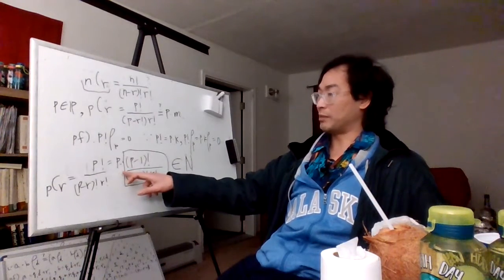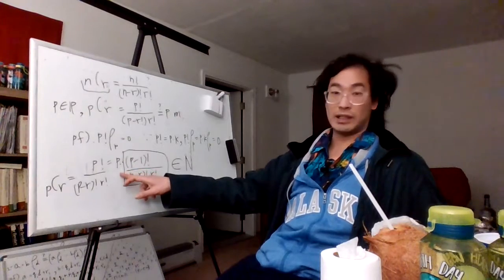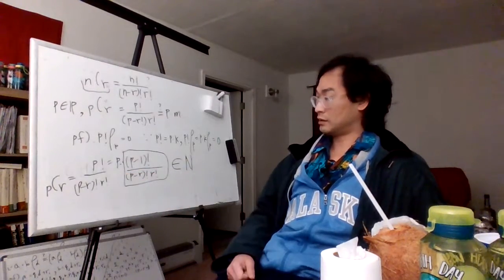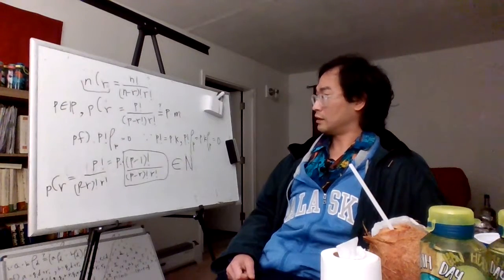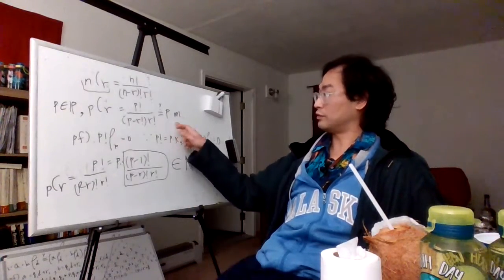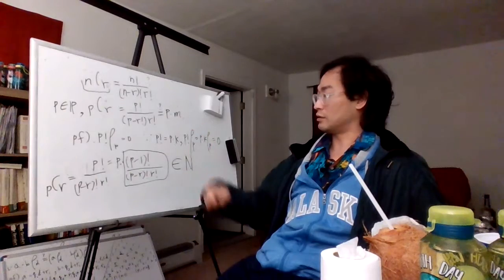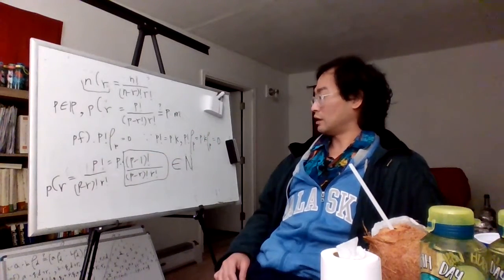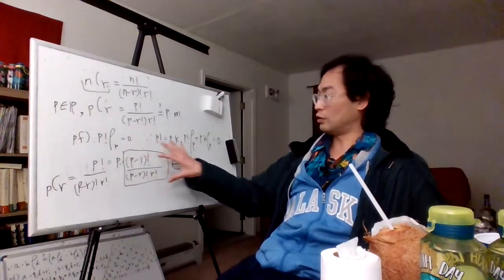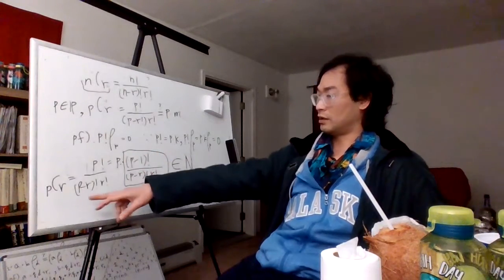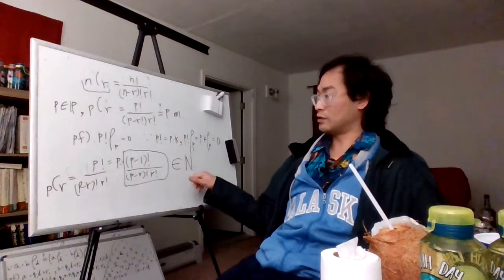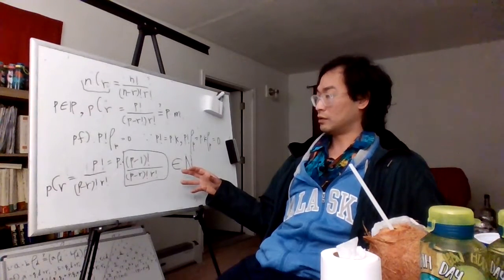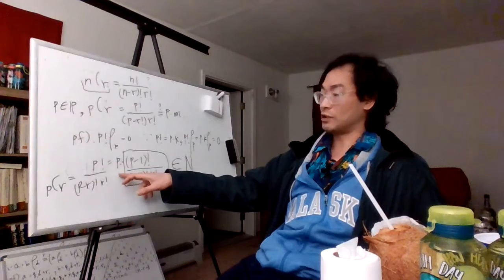A number less than p cannot divide p. So that's the proof: p times some integer. And this whole thing has to be an integer because the binomial coefficient has to be an integer, and integer times integer is always an integer.